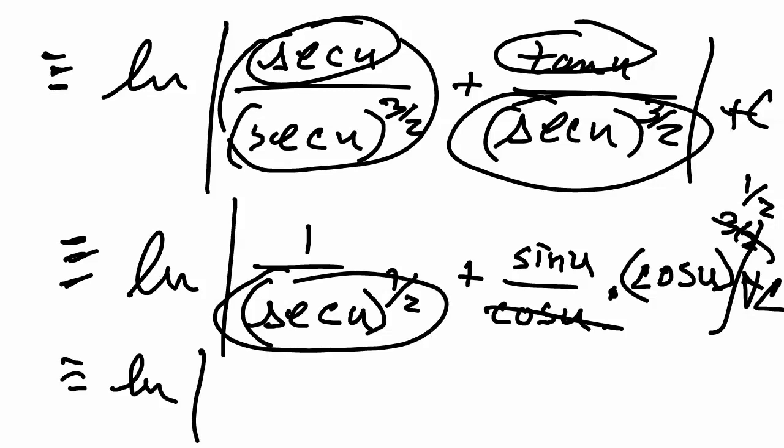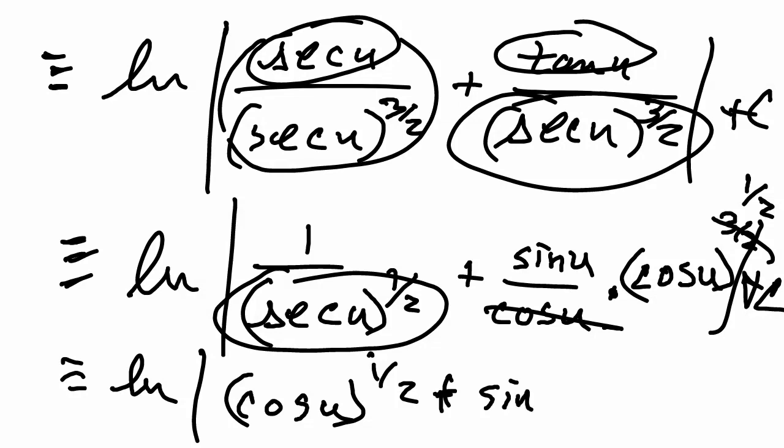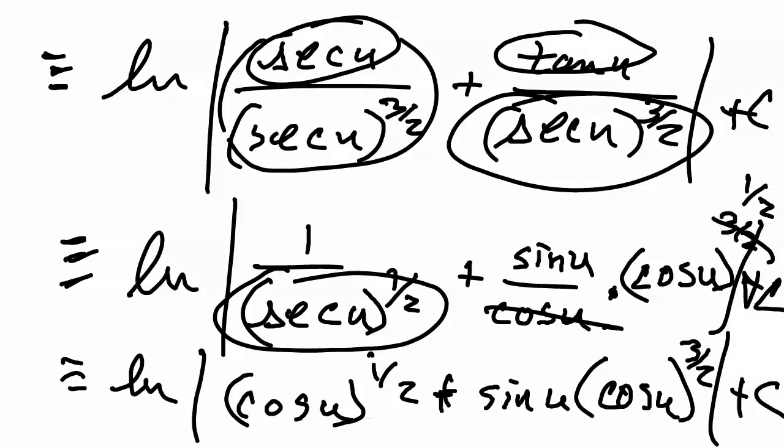Once again, secant is 1 over cosine, so I could rewrite that as cosine u to the 1/2 power. And then plus what's left over here is sine u times cosine of u to the 3/2 power. Absolute value of that, and then plus c.